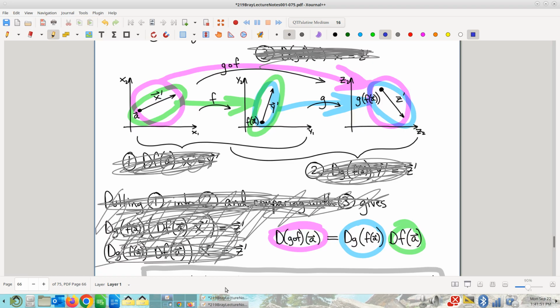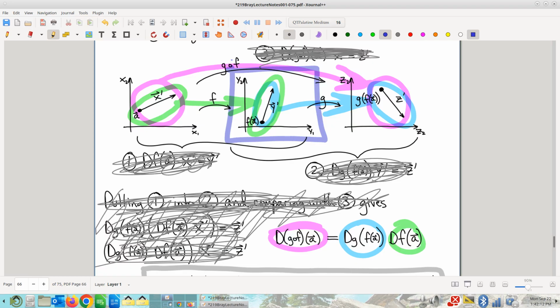In particular, this is a statement about multivariable functions. And check it out. This intermediate space, the outputs from the first function are literally exactly the same as the inputs to the second function.